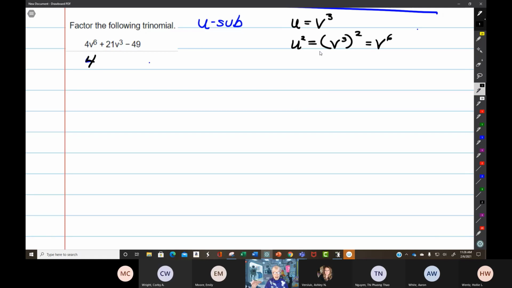So I know I can rewrite this as 4u squared plus 21u minus 49. There is no GCF there, is there?